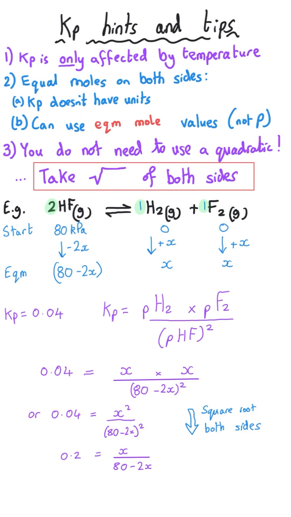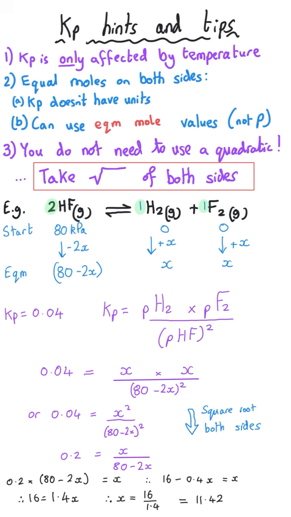To solve this for x, we need to then quickly rearrange this equation, and we get 0.2 times (80 minus 2x) is equal to x. And this then simplifies down to 16 minus 0.4x is equal to x. And then 16 is 1.4x, and so x is 16 divided by 1.4, which is 11.42.